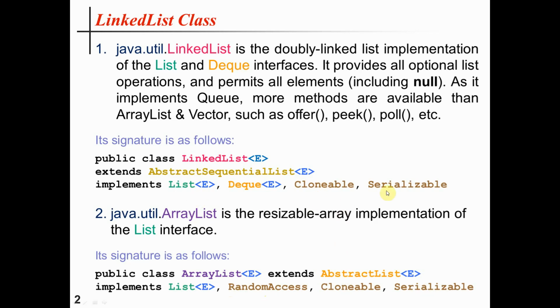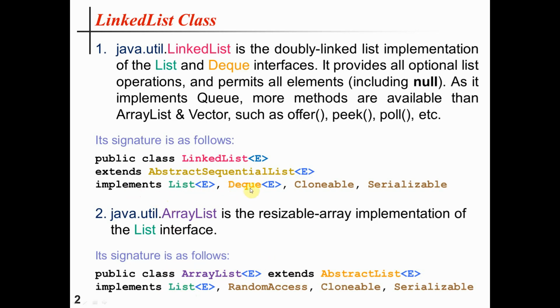So List, Cloneable and Serializable are common basically with respect to the super interfaces from which LinkedList and ArrayList are being created. But the thing is that LinkedList extends AbstractSequentialList, while ArrayList extends AbstractList and implements List only, whereas LinkedList implements List and Deque both.